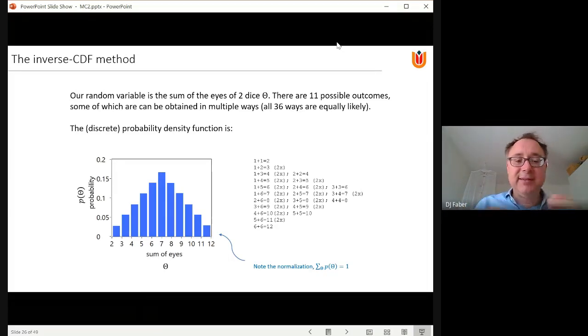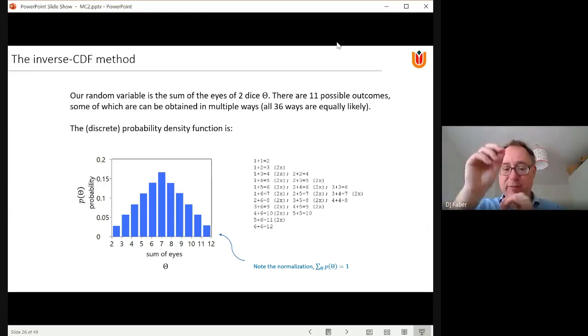So the previous method that we discussed was where you have some probability density function p. You draw two random numbers to calculate a point somewhere in the graph of that PDF, and based on where the point lands, you decide whether you accept a number or not.